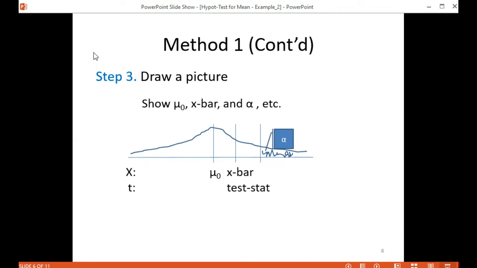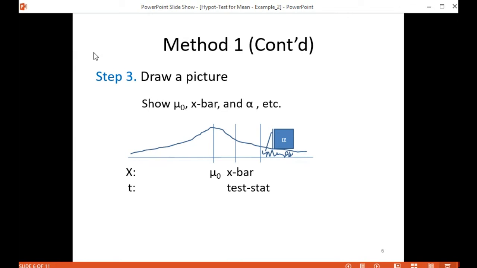It could fall to the left of mu0. It could fall to the right. In this case, it is to the right because we just computed the values. So look on your cheat sheet and you will see your x bar was, what was it? 2.31 blah, blah, blah. And mu0 was 2.2. So that tells me that x bar is to the right.